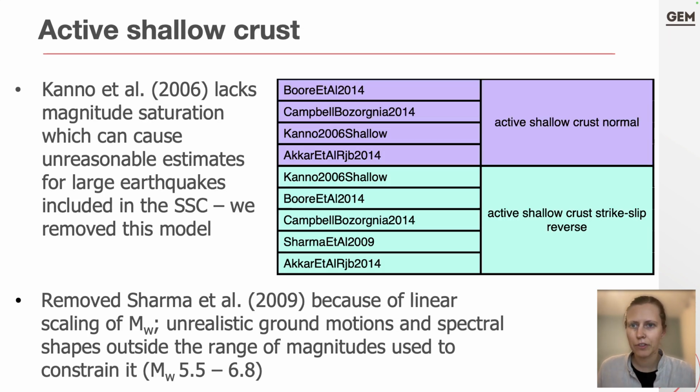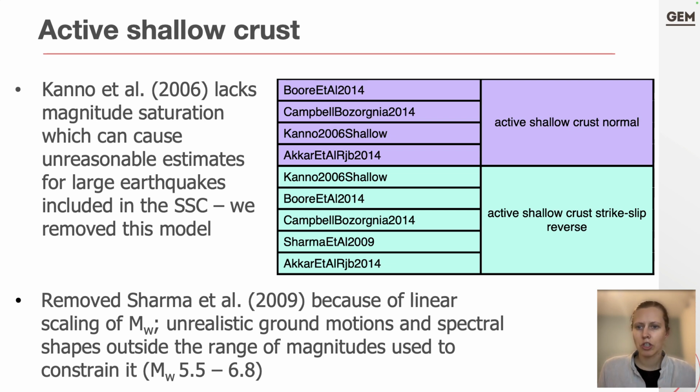So starting with the active shallow crust, the GMPEs listed here are the ones that were included in the original model. The first thing that we noticed is that the Cano GMPE that's used widely in this area lacks a magnitude saturation term, and that can cause unreasonable estimates for the largest earthquakes included. So we removed this GMPE.